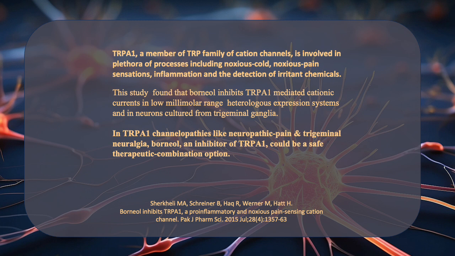This finding has significant therapeutic implications. In TRPA1 channelopathies such as neuropathic pain and trigeminal neuralgia, borneol, acting as an inhibitor of TRPA1, could potentially serve as a safe therapeutic combination option for treatment. This research was conducted by Shirkley, Schreiner, Hack, Werner, and Hatt, and was published in the Pakistan Journal of Pharmaceutical Sciences in July 2015.